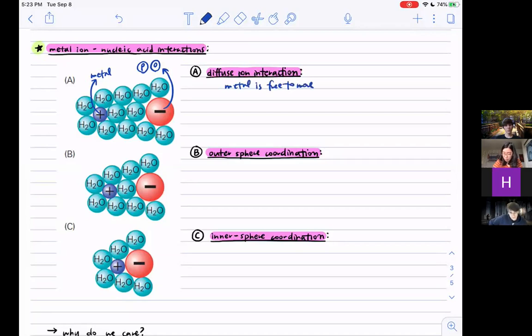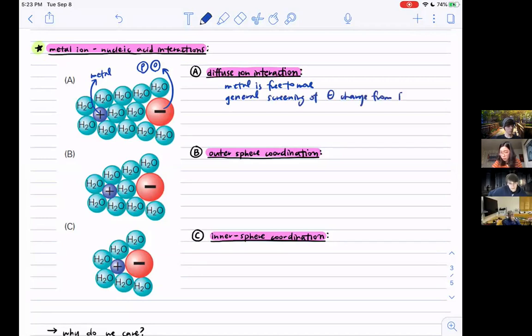The diffuse ion interaction is basically a general charge screening effect, a general screening of the negative charge from the phosphate by a sea of cations. And you can see that it's often mediated by H2O. Sorry if my handwriting is bad. The uploaded notes will have better handwriting.